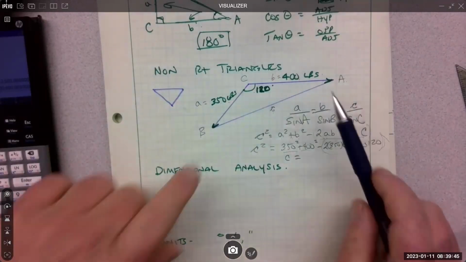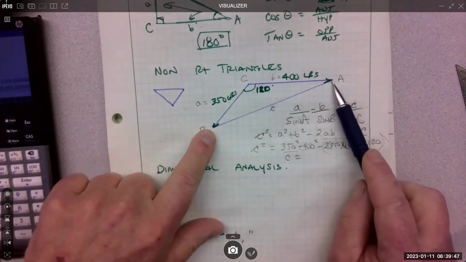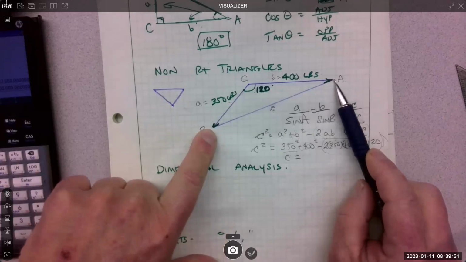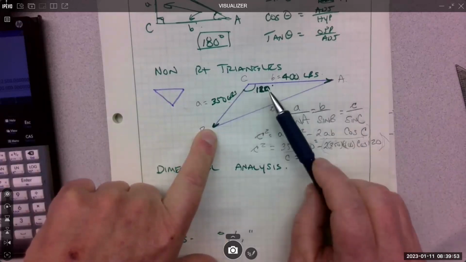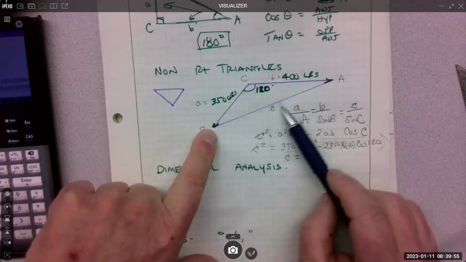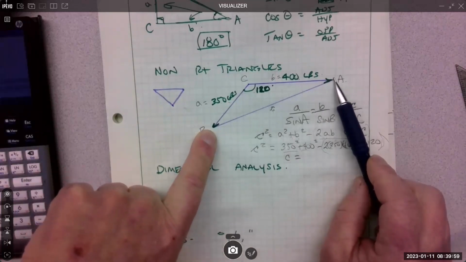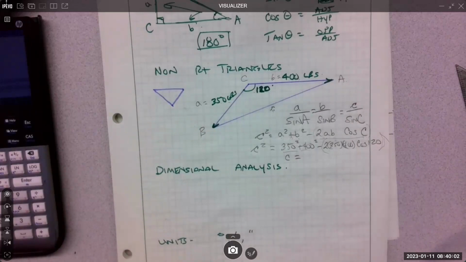Do we expect it to be bigger than 400? Yeah, if you've drawn it graphically correct, 400's here, 350's here. This should be big, 800-ish. Just estimating it.